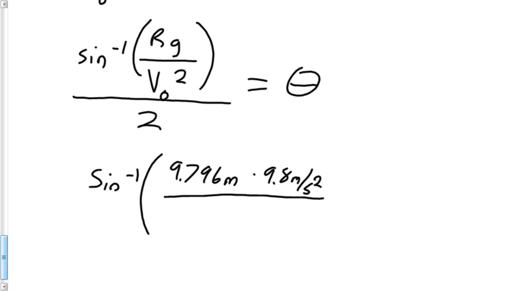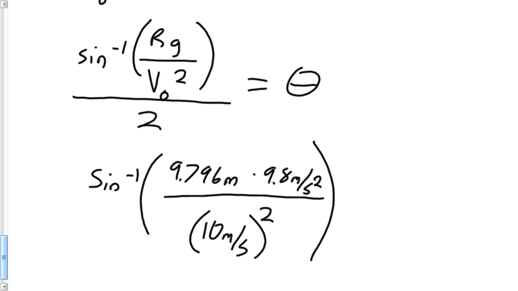And that's going to be all over the initial velocity squared, the 10 meters per second, and we're going to square that value. And all of this will give us an angle of 36.8707 degrees.